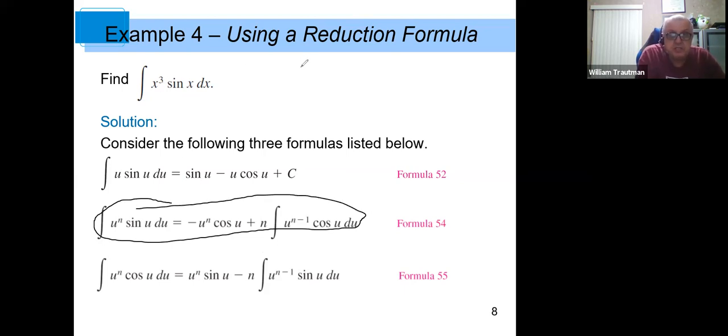And if you notice here, u equals x, then du equals 1. And that's pretty much it. I mean, the formulas all just have u's in them. So this would be u to the third.